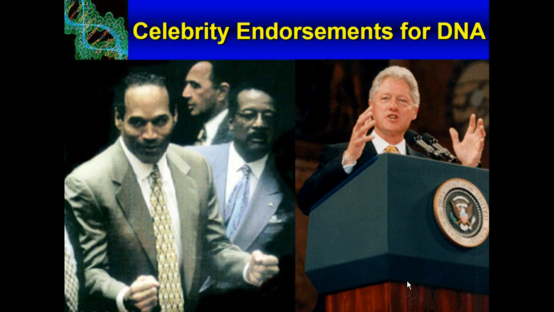Quick little side note: these two guys, O.J. Simpson and President Clinton, were two of the first examples of DNA science making its way to the general public in the United States. The first was the murder trial of O.J. Simpson.